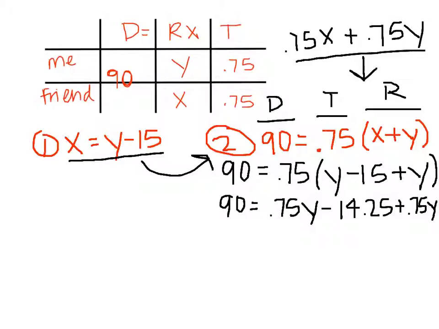And then we're going to add 11.25 onto this side, so we have 101.25 equals, and we're going to add our 0.75y plus 0.75y equals 1.5y. And then we're going to divide 101.25 by 1.5, and we're going to get y equals 67.5.